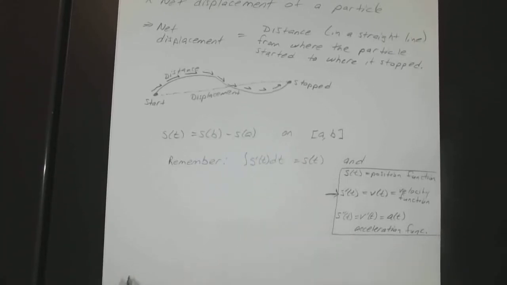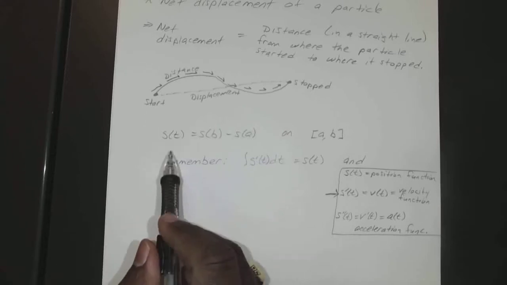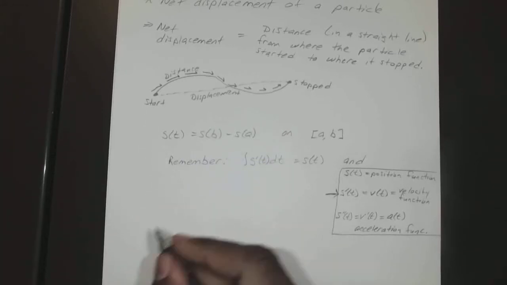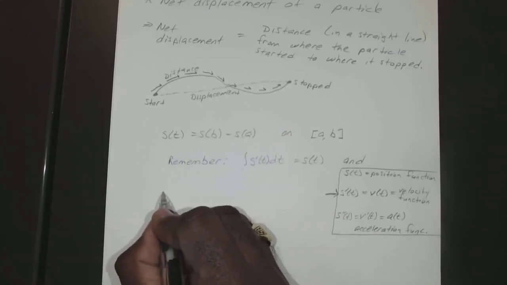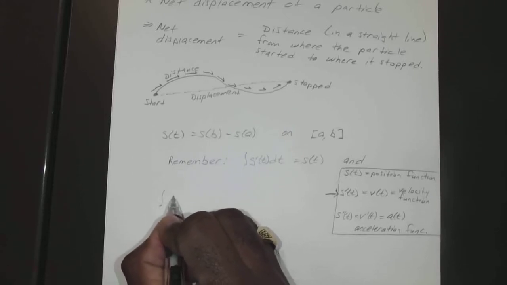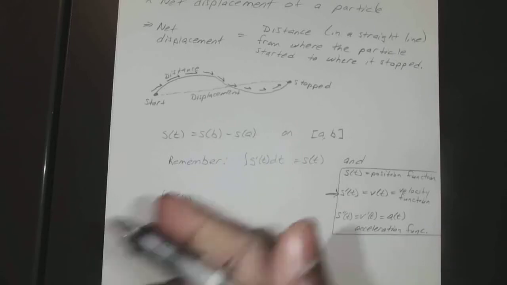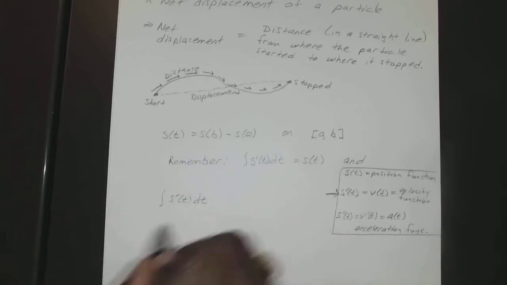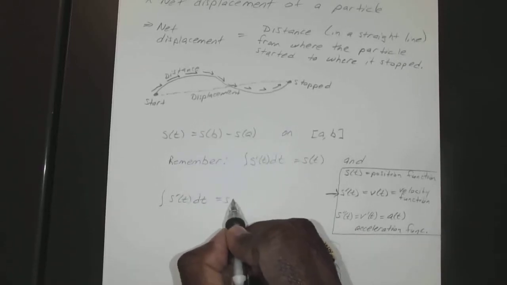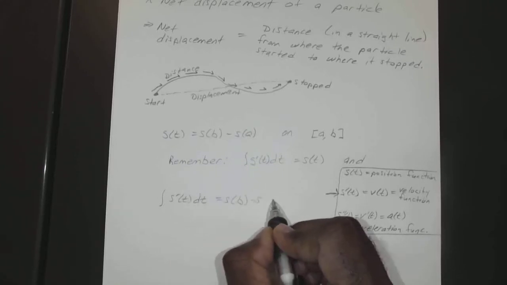Okay, because if we replace our S of t with the integral of S prime of t, the integral of S prime of t is equal to S of b minus S of a.